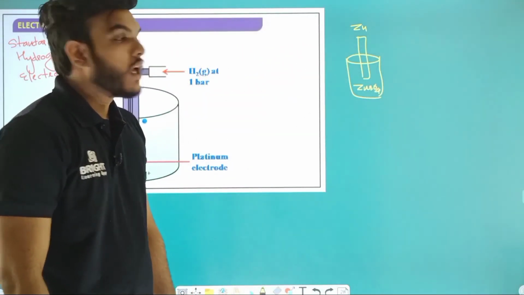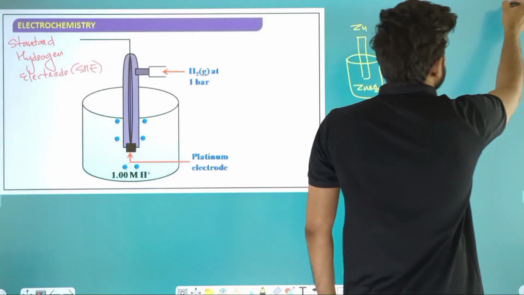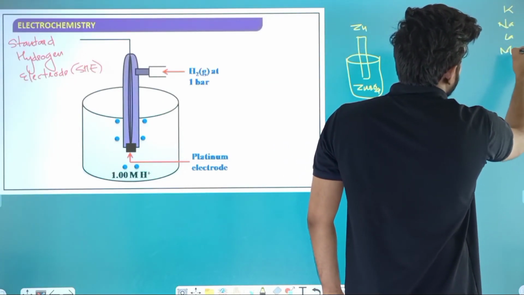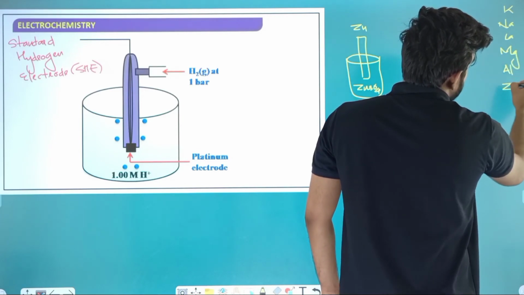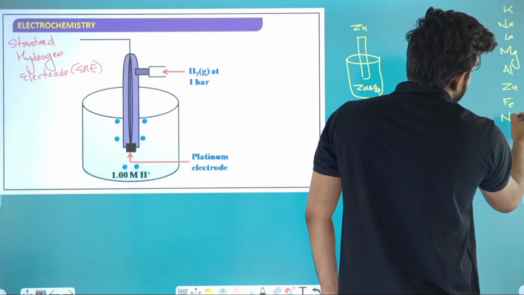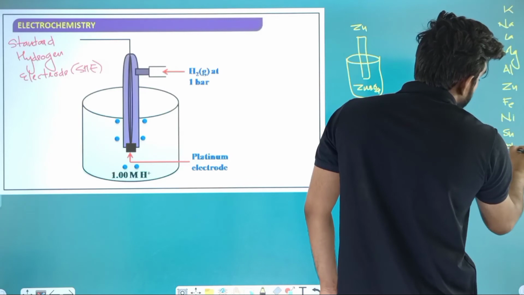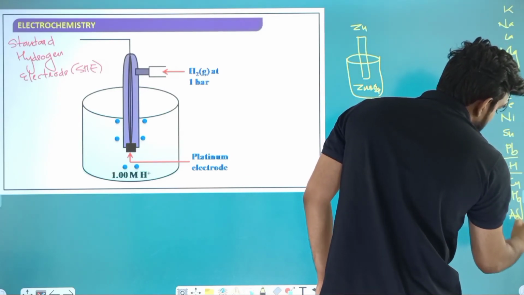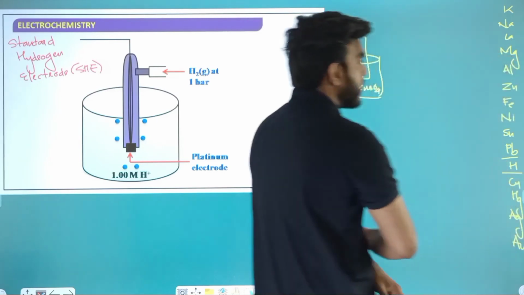What do you have to do? Check the reactivity series first of all. That is K, Na, Ca, Mg, Al, Zn, Fe, Ni, Sn, Pb, H, Cu, Hg, Ag, Au. This is the reactivity series.